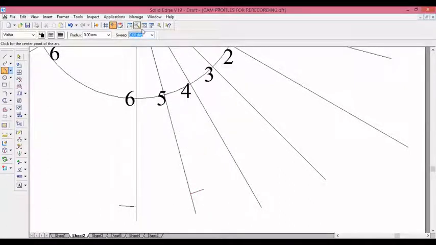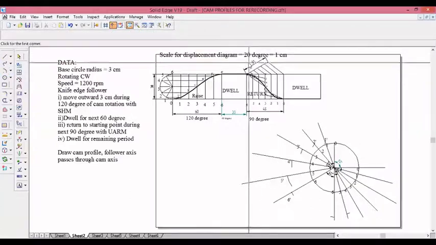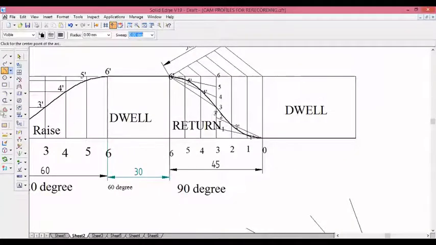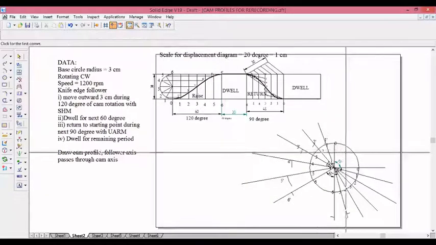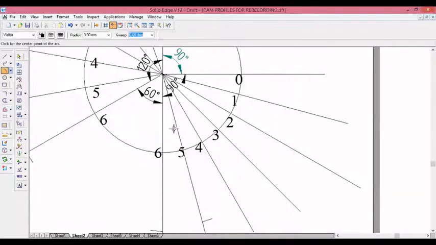This is 6 dash, 5 dash is over. Go to 4 dash, measure line 4 to 4 dash. 3 to 3 dash is 15, we know.